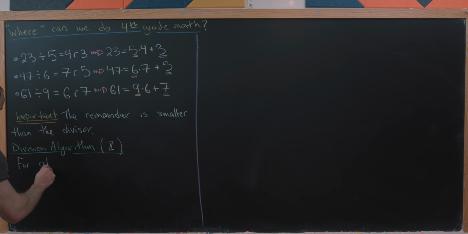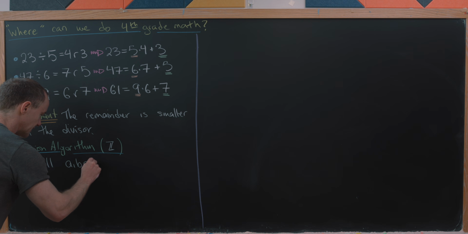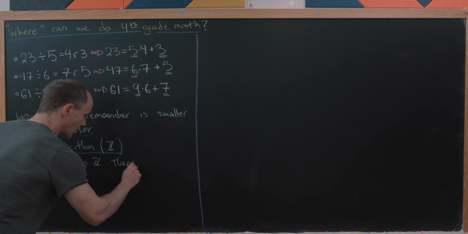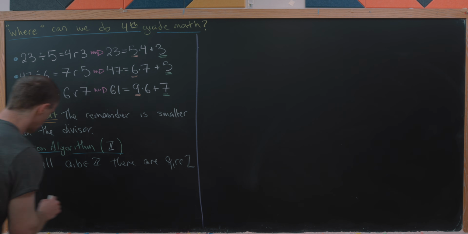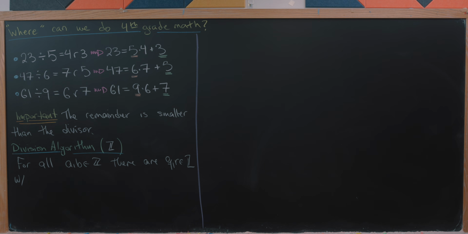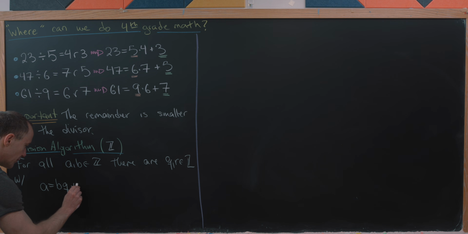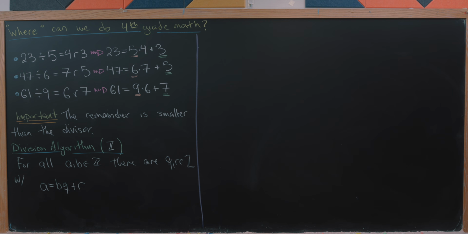For all integers a and b, there are integers, I'll call them Q and R, with the following two equations holding, or I guess there's one equation and one inequality. So we can write a as b times Q plus R. So Q is like our quotient and R is our remainder. And this is like dividing a by b, getting a quotient of Q and a remainder of R.